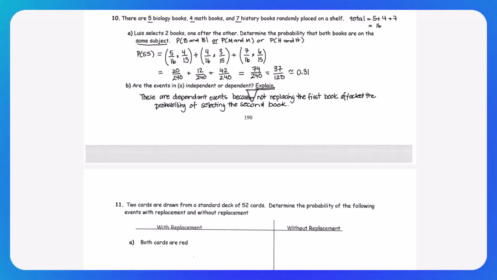And there we go. So remember, whenever you're asked to explain, it has to be words, not math.